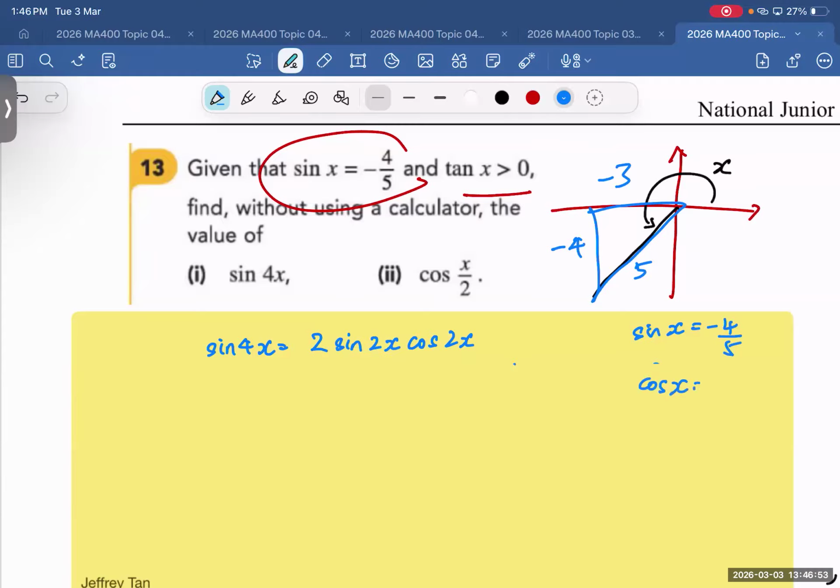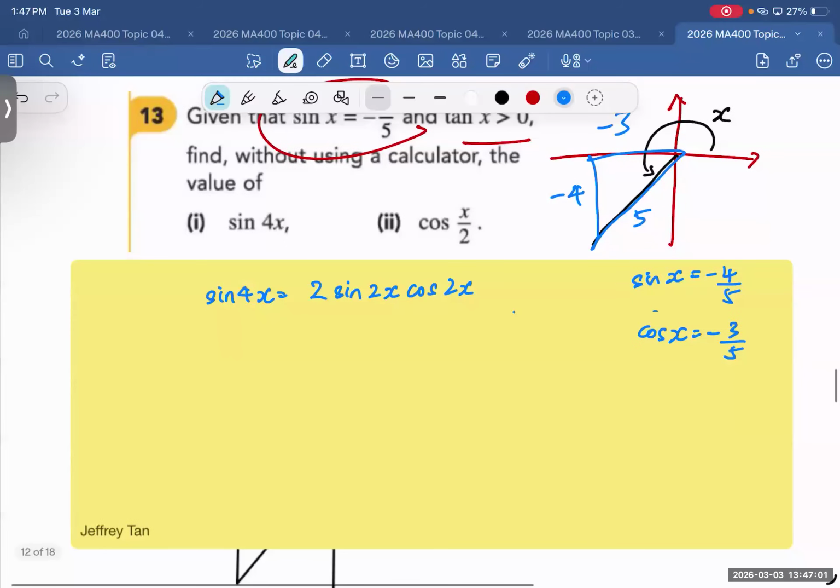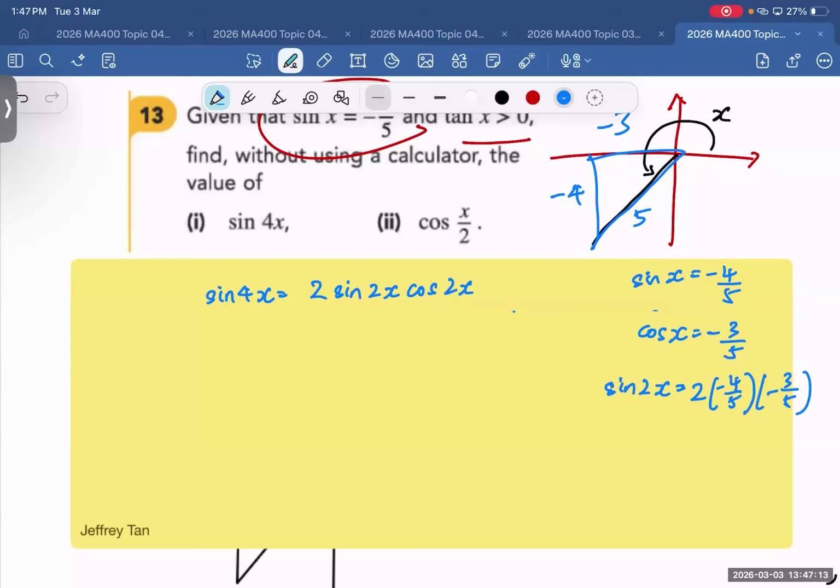Cosine x is negative 3 over 5. Is it okay? With these two, what is sine 2x? Sine 2x will basically be 2 of sine x cos x, which gives you 24 over 25.